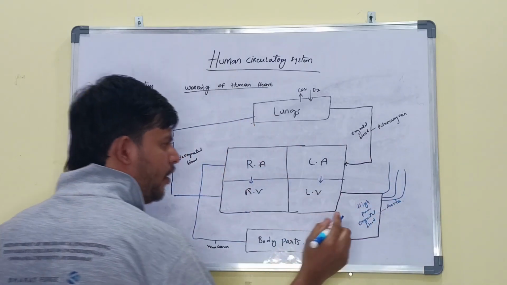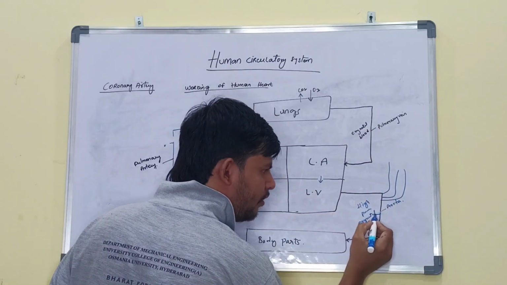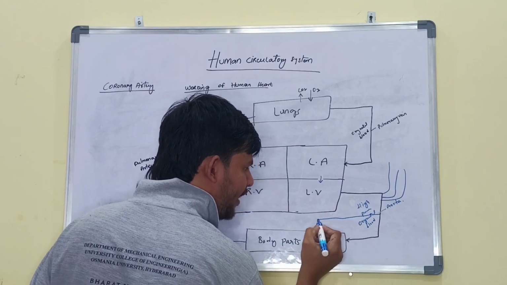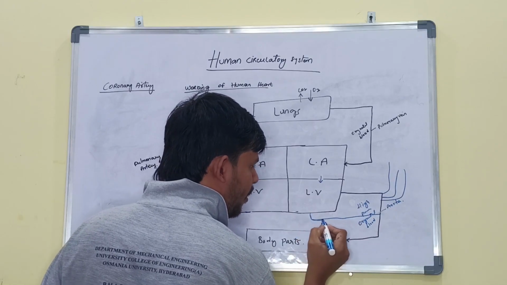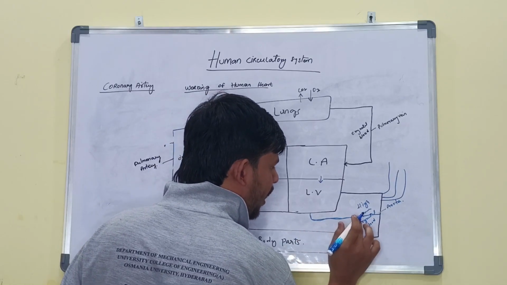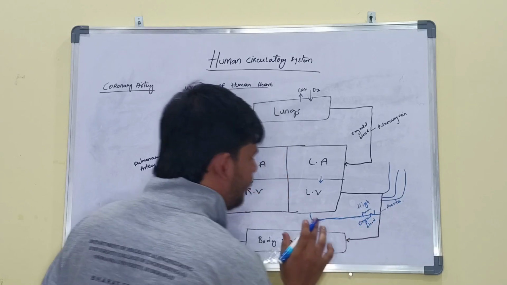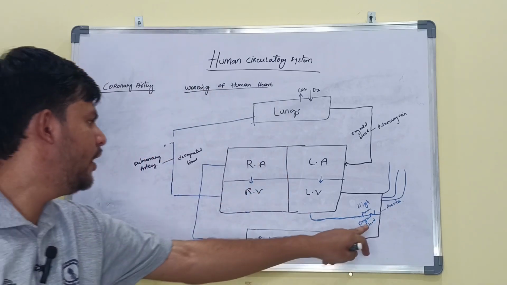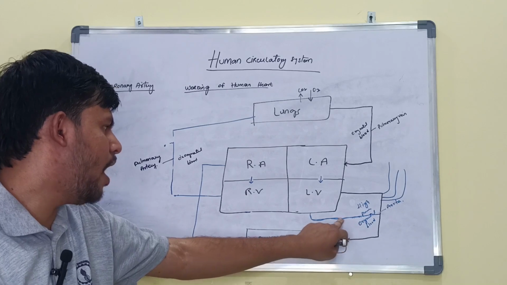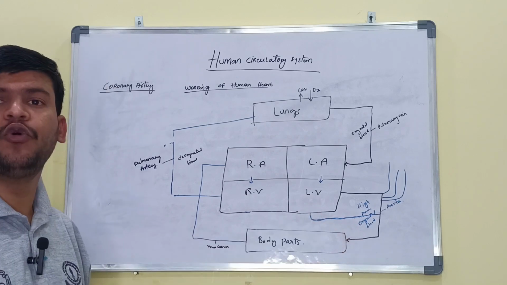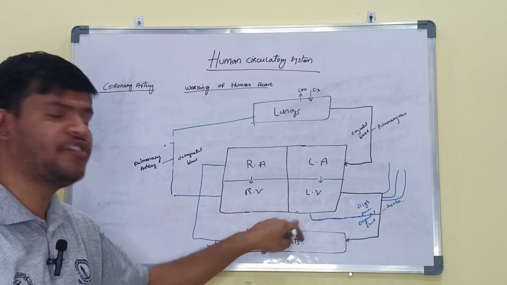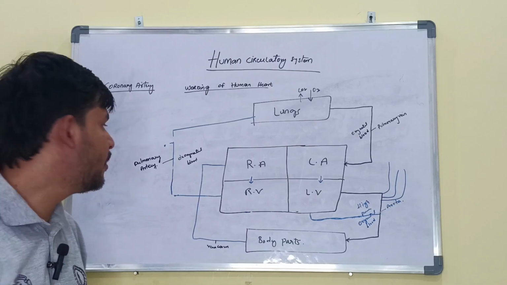From this, one artery is connected to the human heart's cardiac muscles.